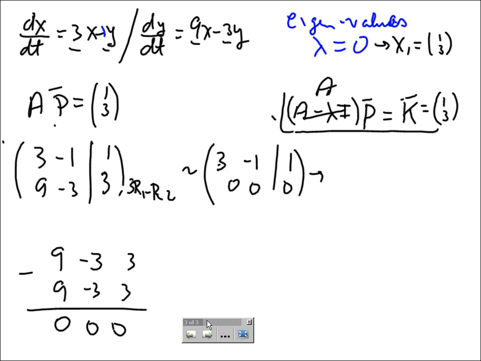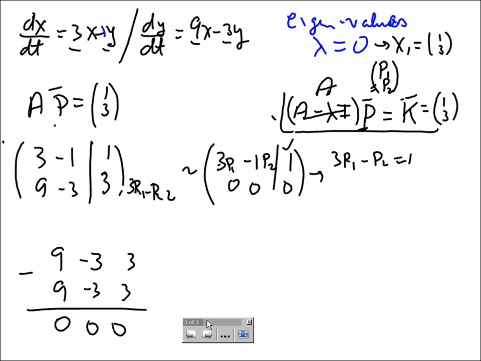Well, this tells me now this is P, P1, P2. So 3 times P1 minus P2 is equal to 1.